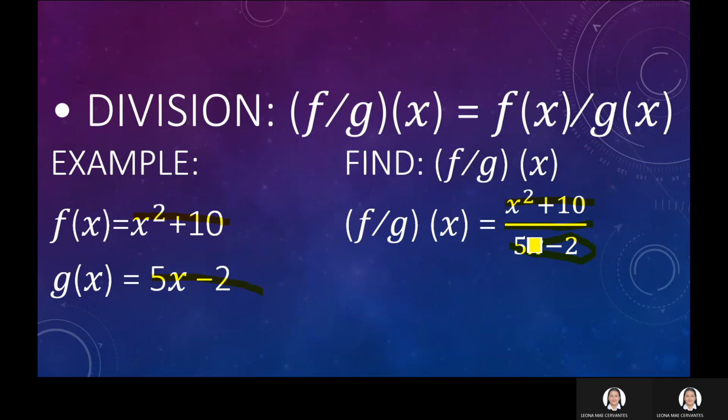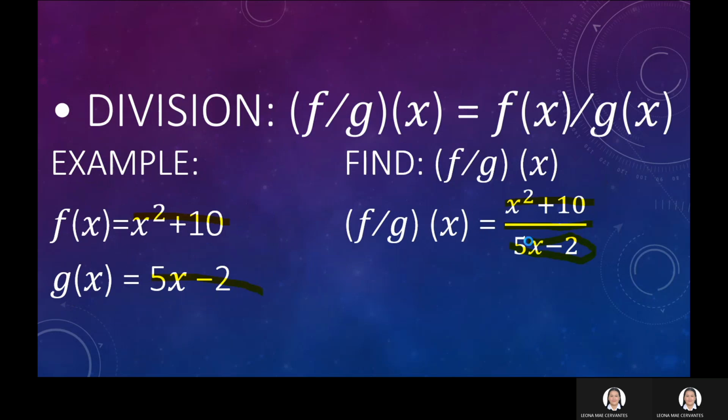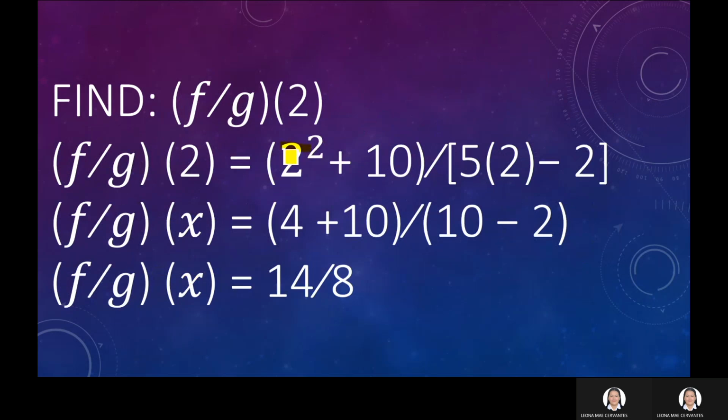Next, if x is equal to 2, then f divided by g of x is equal to, again, f of x, we have x squared plus 10. So we have 2 squared plus 10. For g of x, we have 5x minus 2.